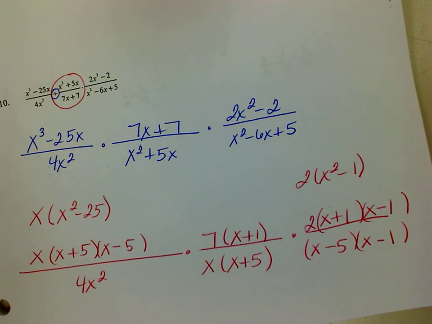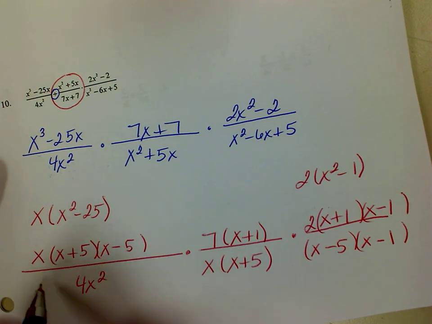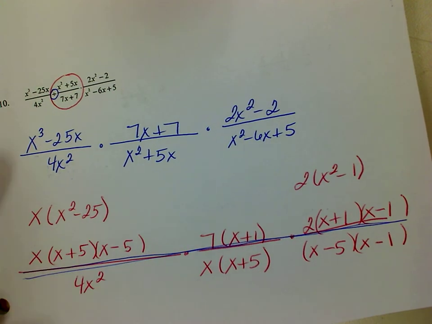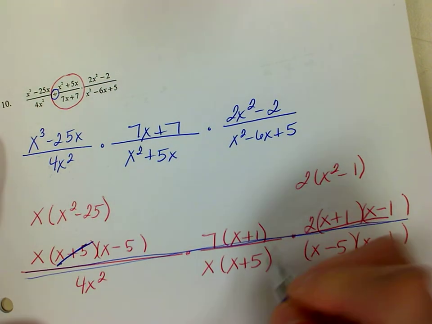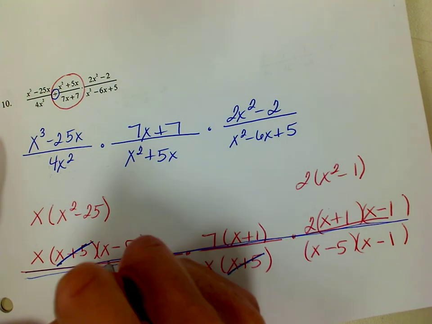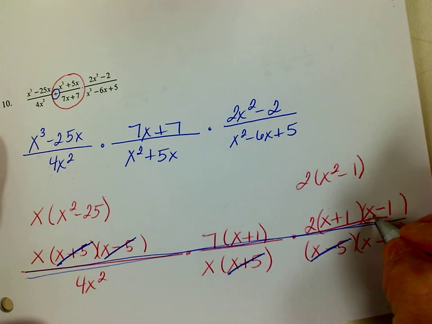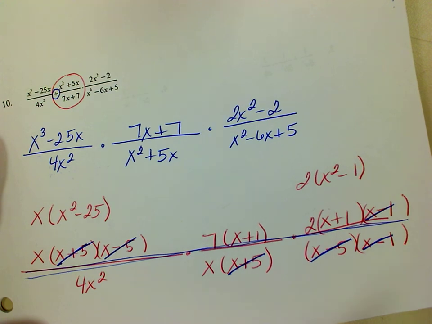Okay, so after you have everything factored, we're going to just make this one big fraction. And then we're going to cancel. Whatever's on top and on bottom, it cancels. X plus 5 goes away. X minus 5 goes away. And then here's an x minus 1. And what else do we have?